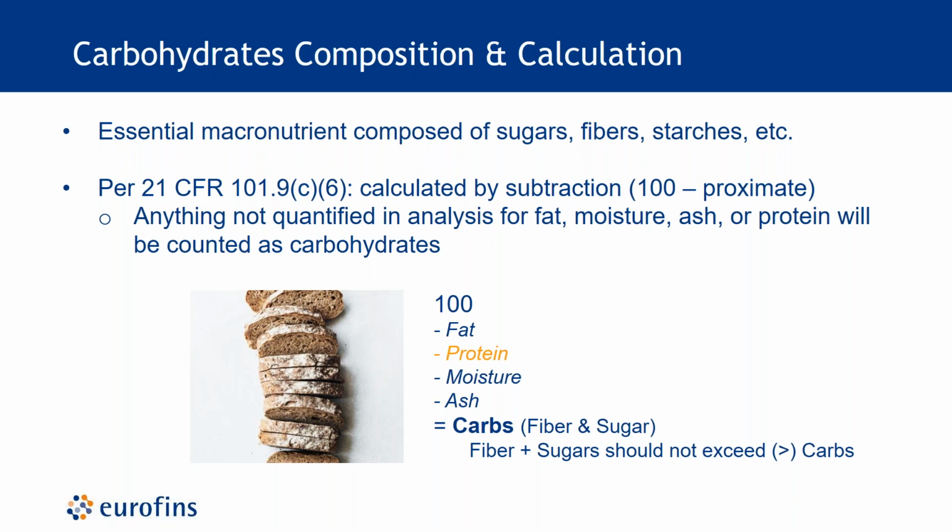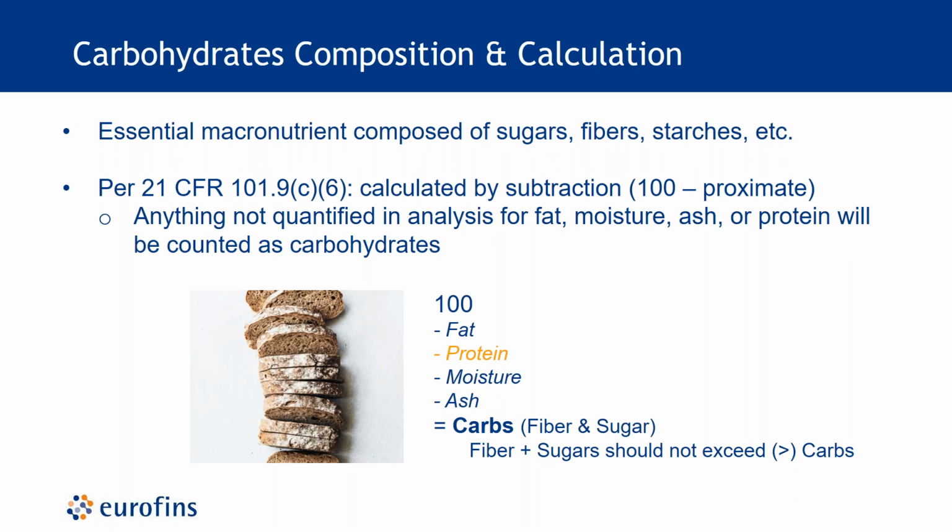So when you're looking at 21 CFR, the Code of Federal Regulations for Nutrition Labeling, the FDA tells us how we must come to a carbohydrates value. And what a lot of people don't realize is that we don't actually analytically test for carbohydrates themselves. Same with what's dictated in the CFR, it's actually calculated by subtraction of other things that we analyze.